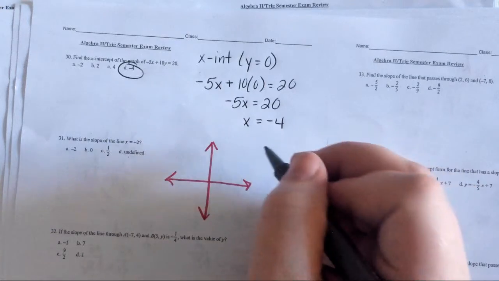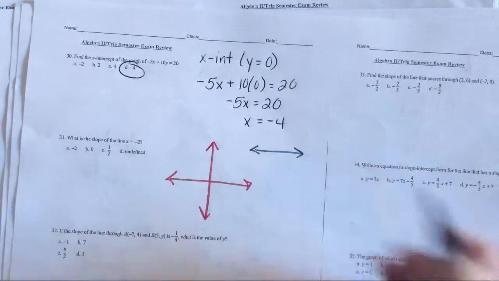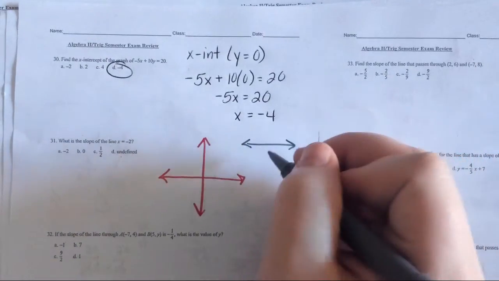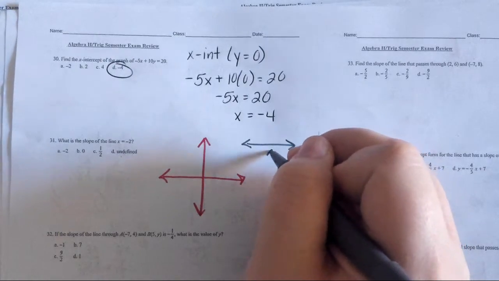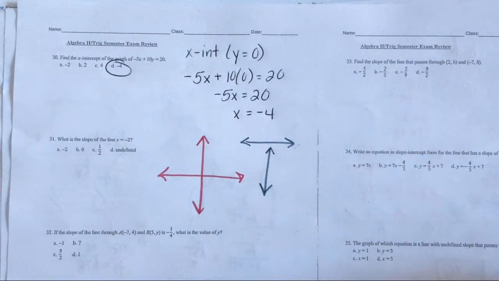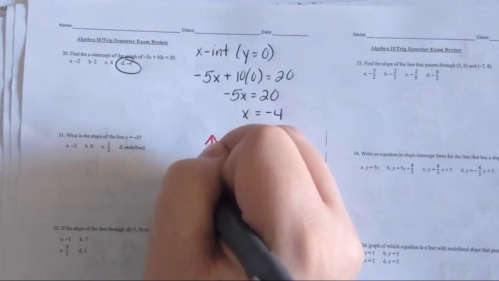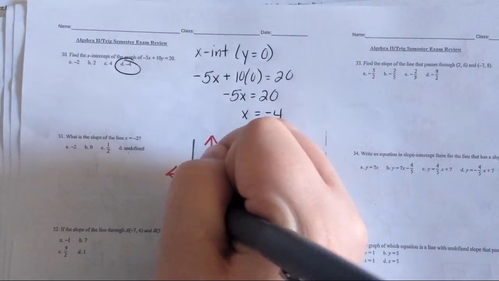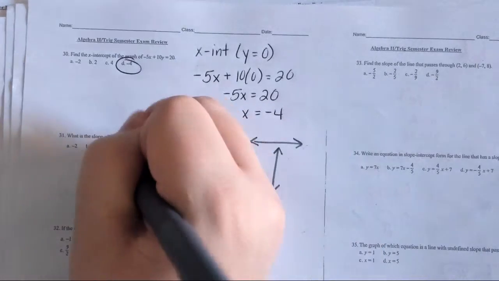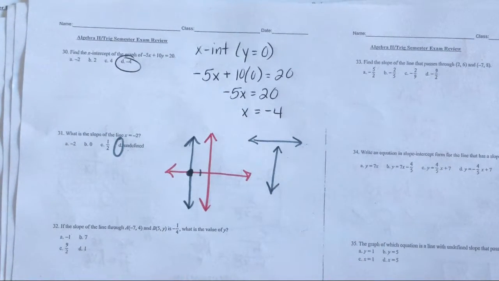Okay, so x equals negative 2 is either going to be a line that looks like this, it's horizontal, or a line that looks like this, it's vertical. Negative 2 on the x-axis happens here. In order to cross that point, clearly we must have this kind of a line, which would have an undefined slope.